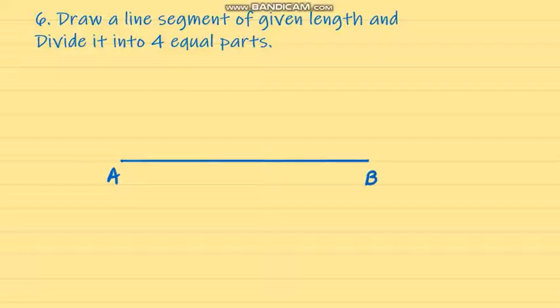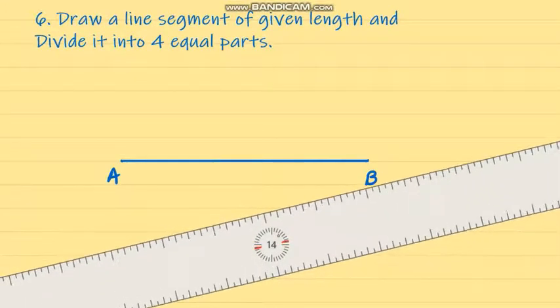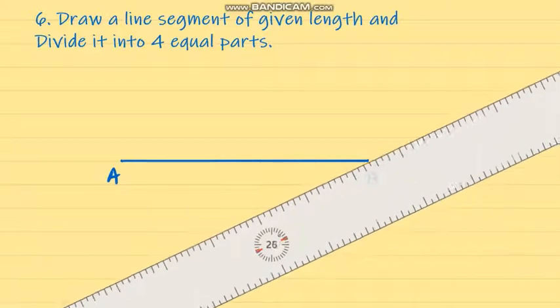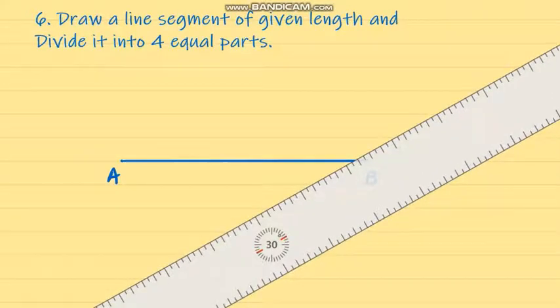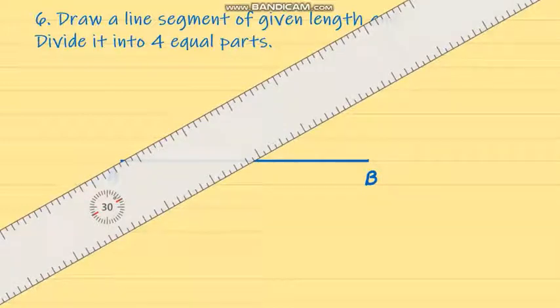Now you have to divide it into 4 equal parts. To divide it into 4 equal parts, you will make an angle at A. Let us say, every time I am making 30-degree angle, you can make angles of any measure, but the angle you make at A and the angle you make at B should be equal.